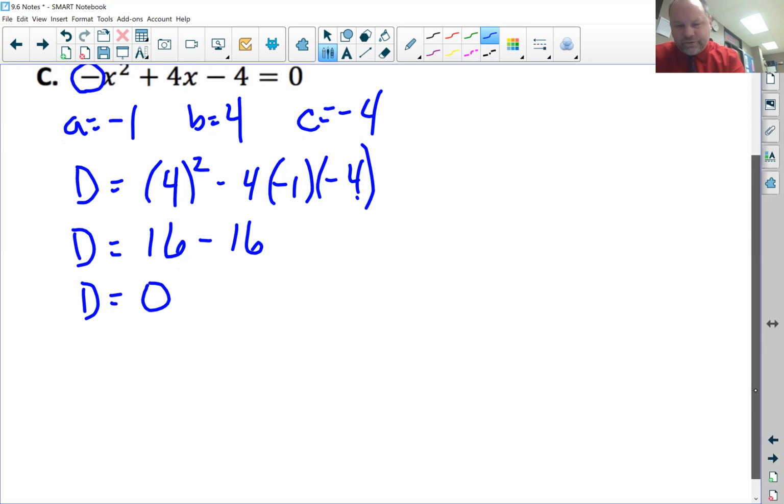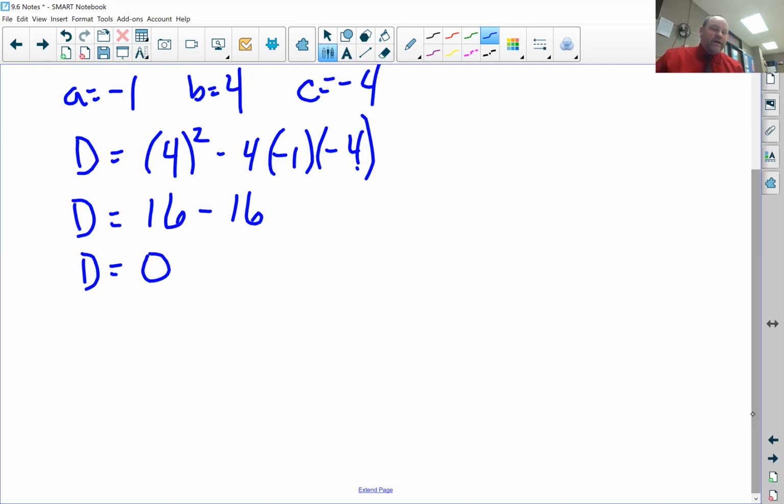So be careful. Common mistake when the discriminant is 0, people want to say there are no real roots, but this is the situation where we have 1 real root. And very important that we have that.